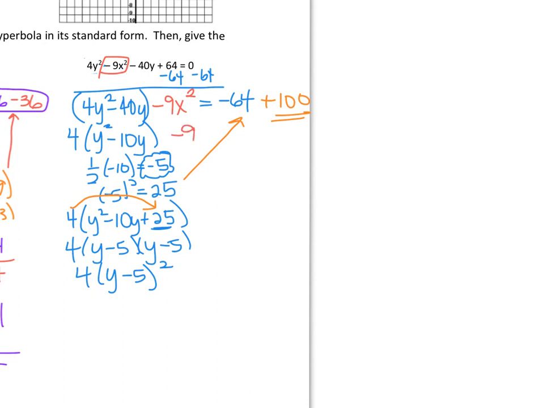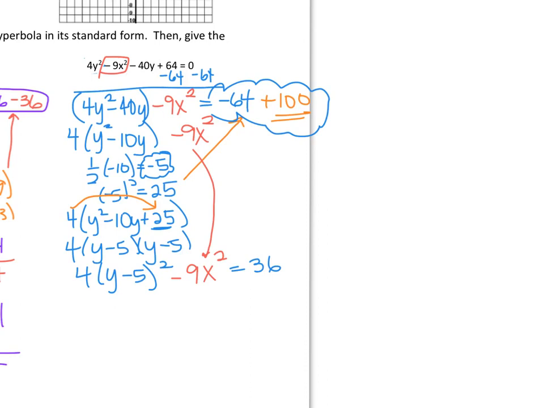The minus 9x squared, since there's no plain x term, we don't have to complete the square at all. We can just drop that down here to minus 9x squared. Cool. All right, on the right-hand side, if we take negative 64 plus 100, we get positive 36.